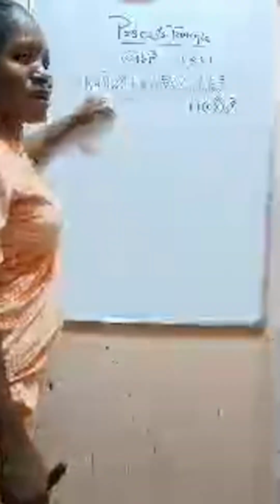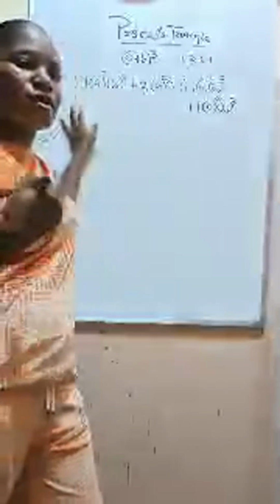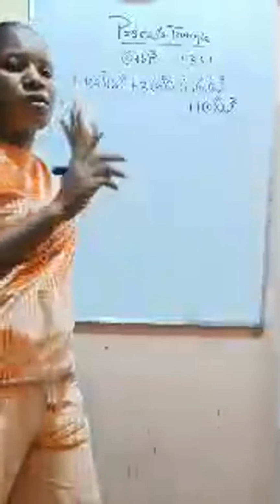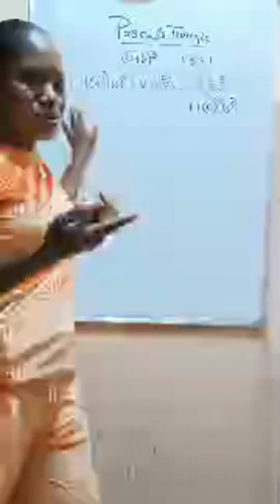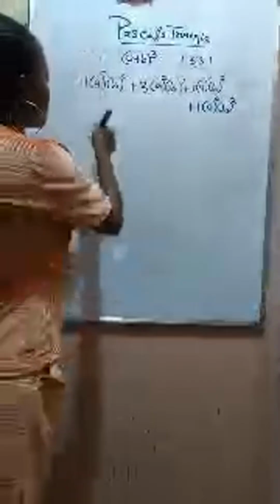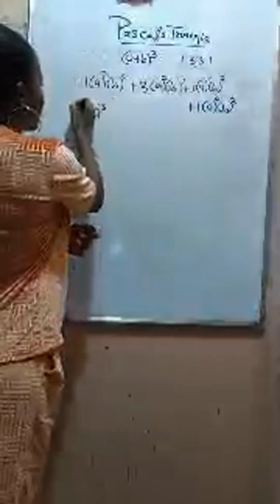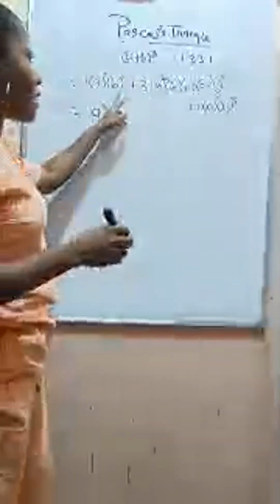Now, if you look at this, we go ahead and solve. One thing you should always remember is that any number raised to the power of 0 is 1, or any term raised to the power of 0 is 1. For example, here we have 1 multiplied by A to the power of 3, which is A to the power of 3. Then B to the power of 0 is 1, so I don't need to add it anymore.